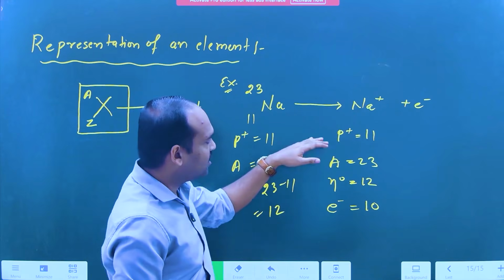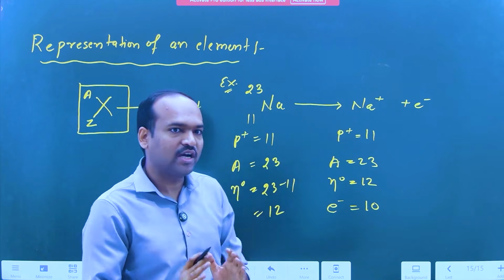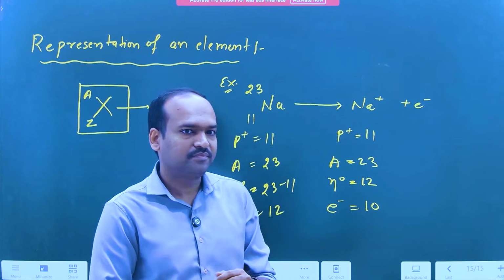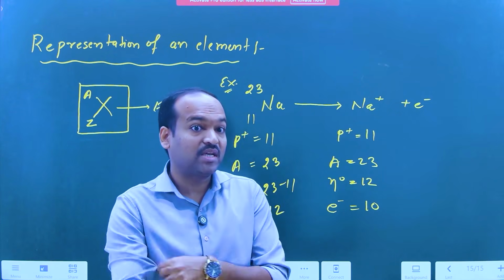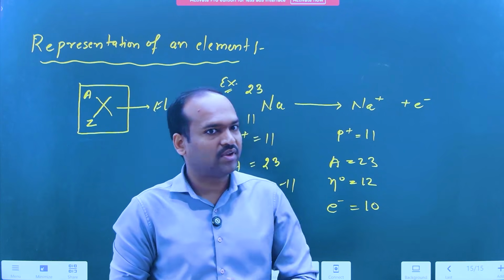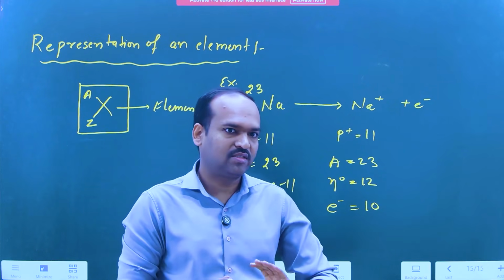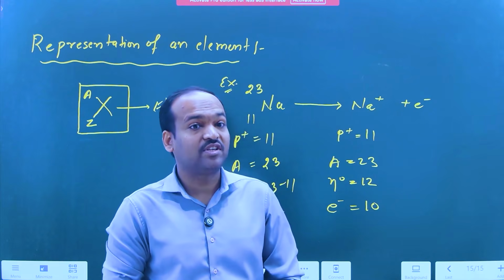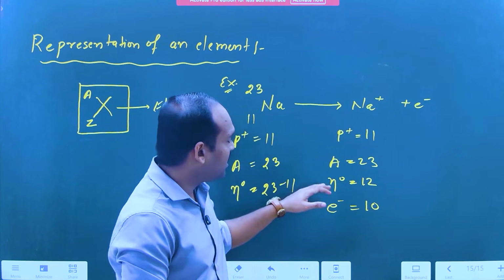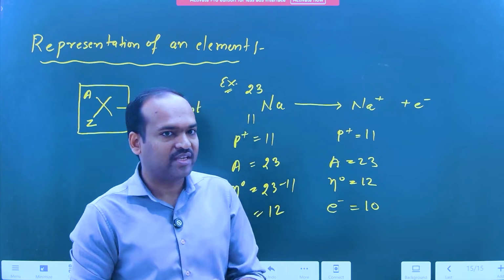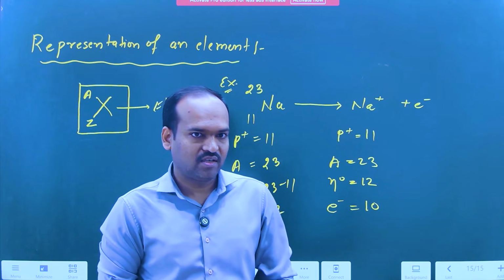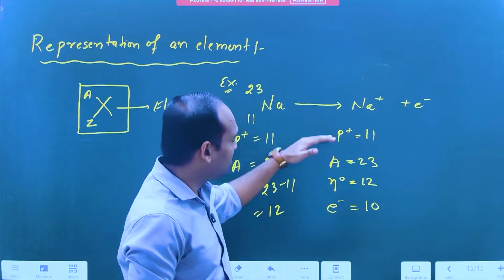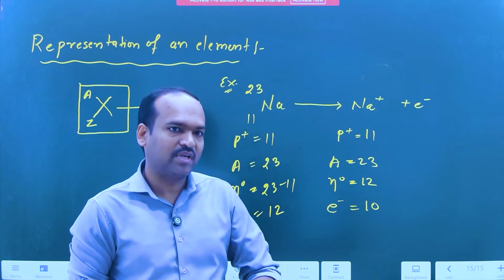So what is the charge of the nucleus? Total charge on the nucleus of sodium is plus 11. Nature is positive, with plus 11 charge. But outside, total electron charge is minus 10. So plus 11 minus 10, what is the net charge? Plus 1.